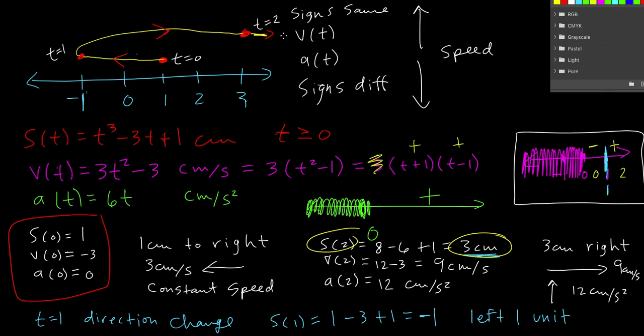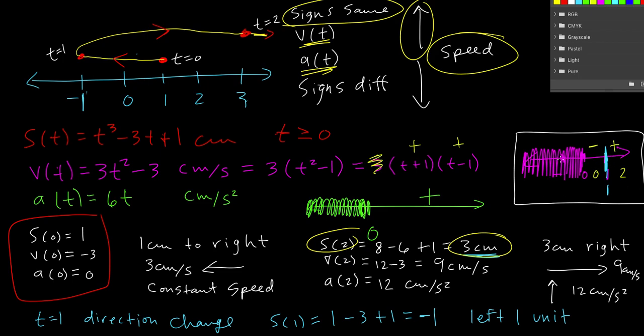And now the last part, for what time interval is the particle's speed increasing? Okay, so the speed increases when we have the same signs between our velocity and our acceleration.